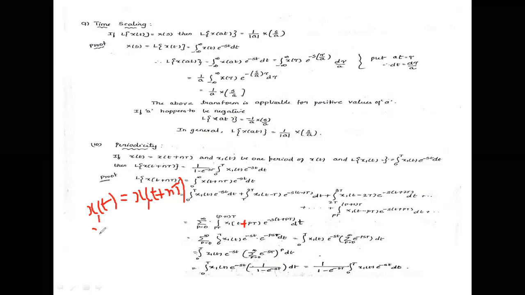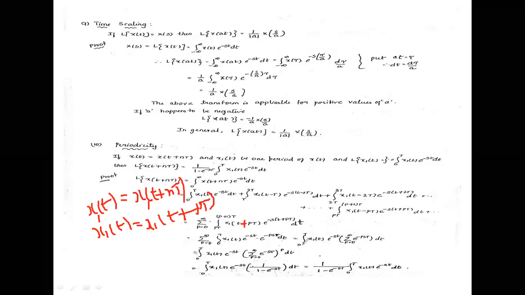So x1 of t is equal to x1 of t plus p into T. So I replace x1 of t plus pT with x1 of t because it obeys periodicity, with e power minus st and e power minus p s T.